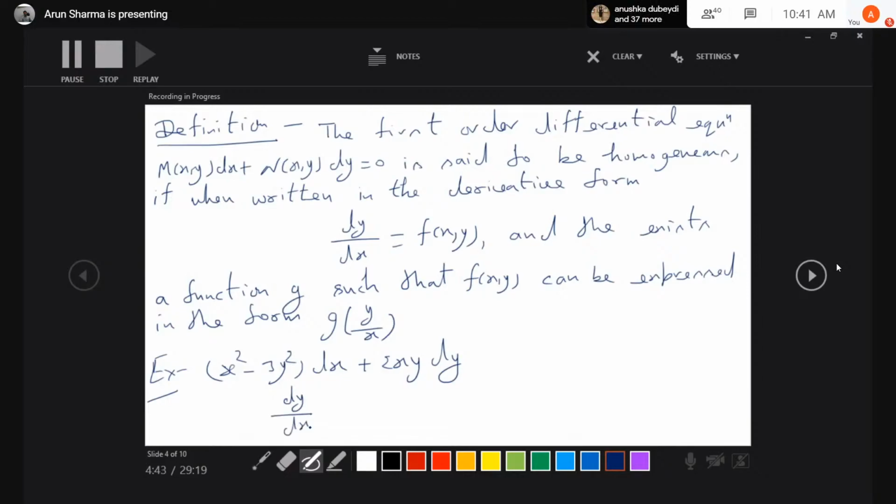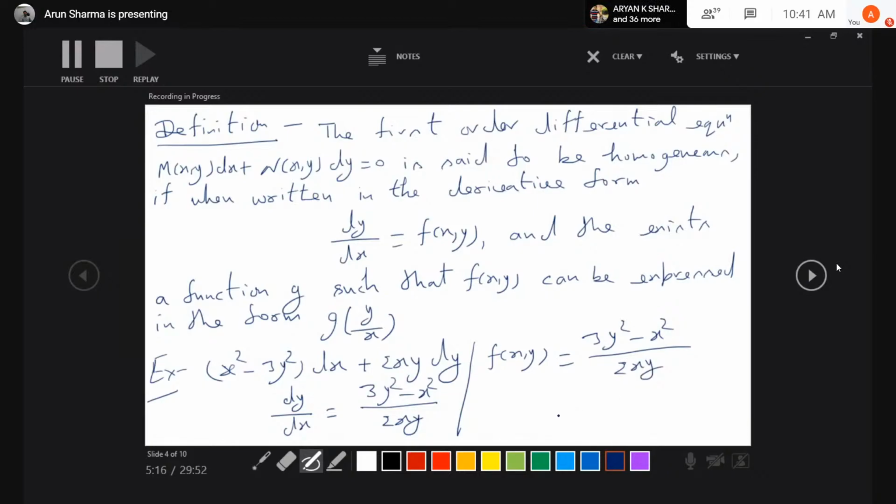So dy upon dx would be (3y square minus x square) divided by 2xy. This is the derivative form. Now this function f(x,y) is (3y square minus x square) on 2xy.